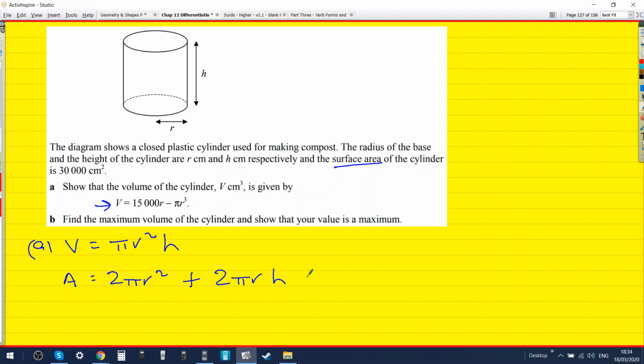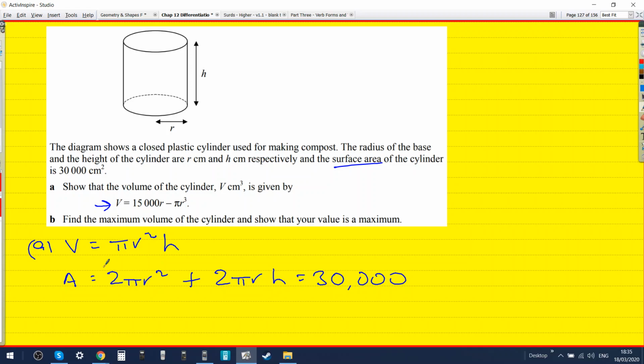So to get rid of H, you have to divide it by H? No. Area is 30,000, so it's equal to 30,000. We're not trying to eliminate h from this equation. We're trying to eliminate h from this equation by making h the subject of this one and subbing it in.